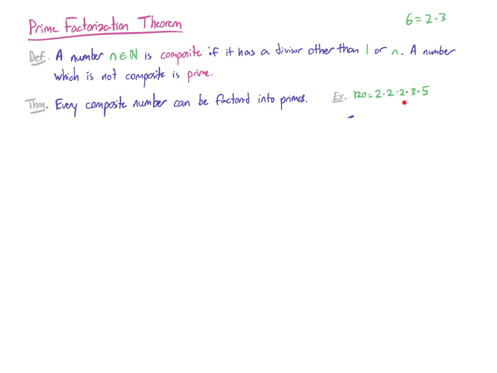That's 2, 2, 2, so 3 copies of 2, and one each of 3 and 5. It's also true that this factorization is unique up to order, but we won't prove that here. If I wanted to prove this fact that every composite number can be factored into primes, I could use unbounded strong induction. So let's go ahead and do that proof.